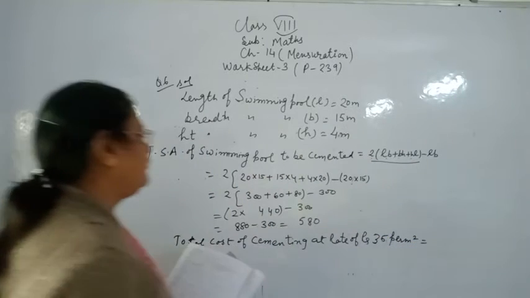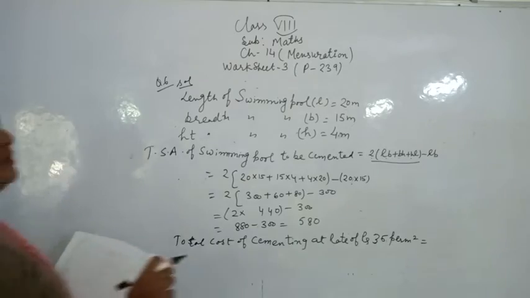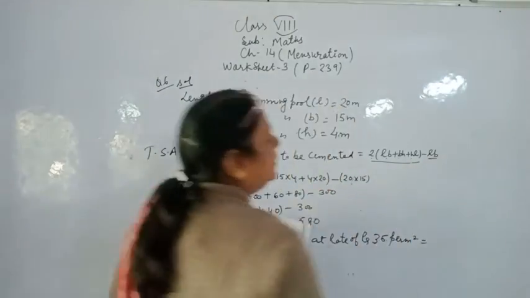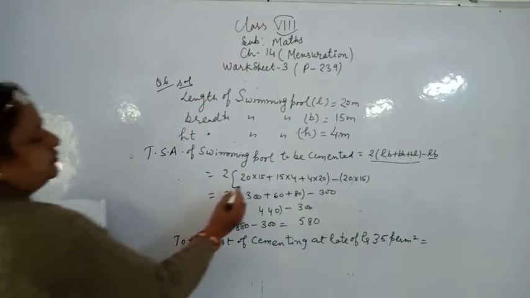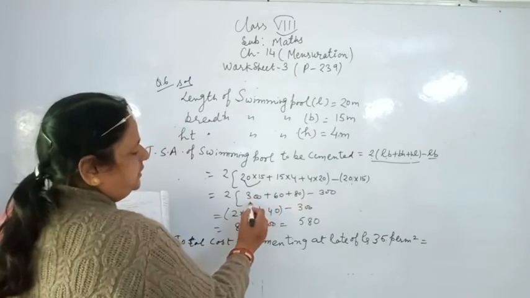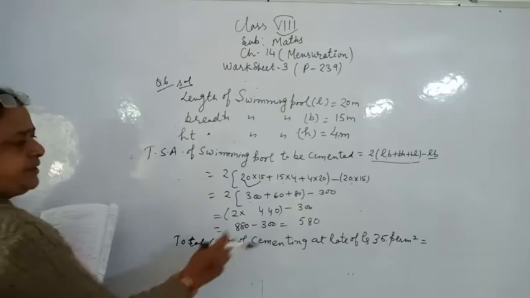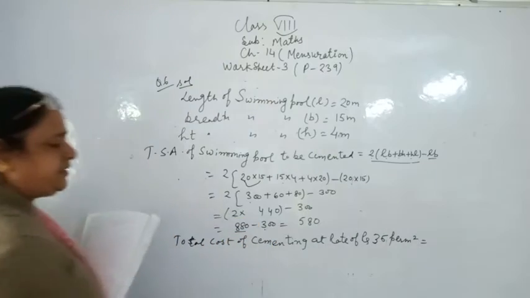First of all we will find the total surface area of the swimming pool to be cemented, that is 2(LB + BH + HL) minus 1 length into breadth. Then multiply: 20 into 15 is 300, then 60 and 80, add all these, 440, minus 300 into 2, 880 minus 300, 580.